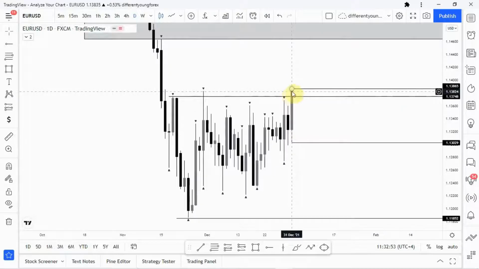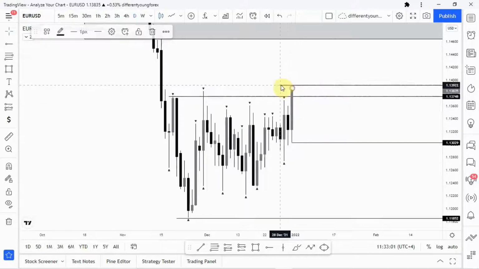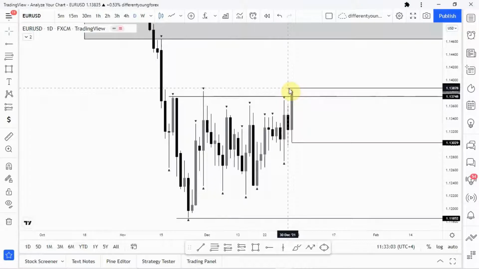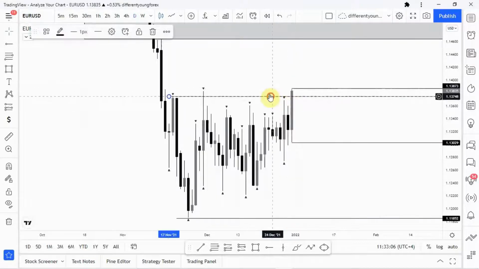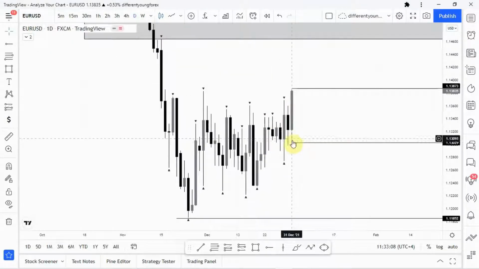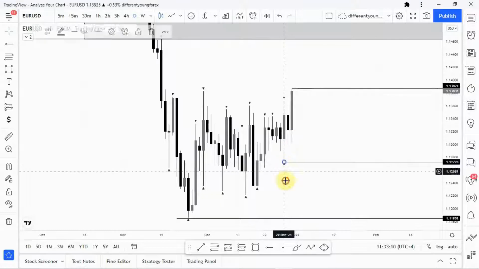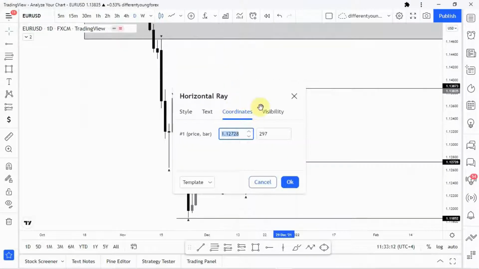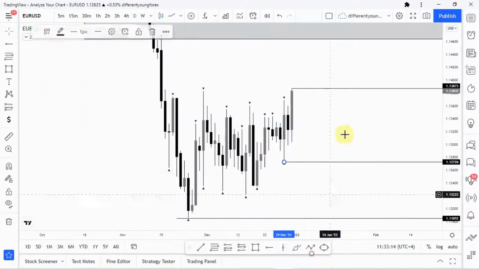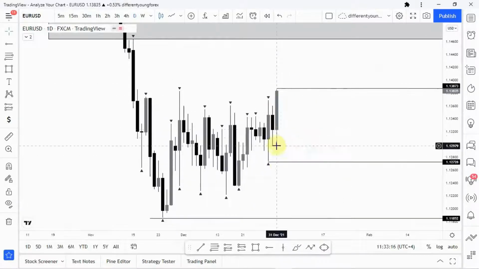We do not have the fractal high at this moment because we need one more candle before we can have a fractal high. So at this point, this is just for an example. If this is the high, the daily low will be right here, and let's just set visibility in 4 hour. So this is our bullish market structure on the daily time frame.